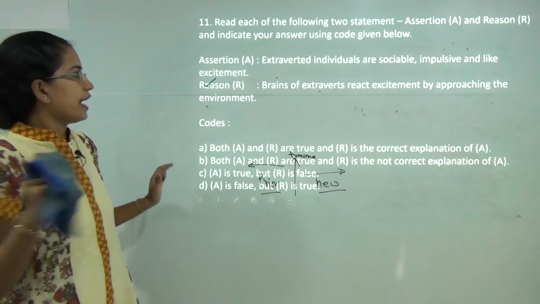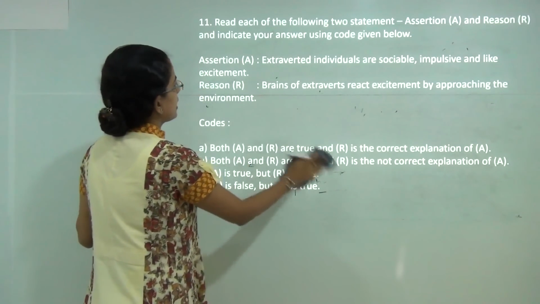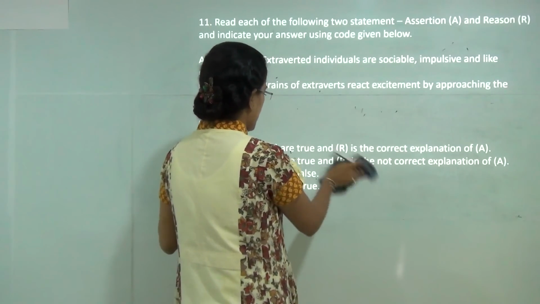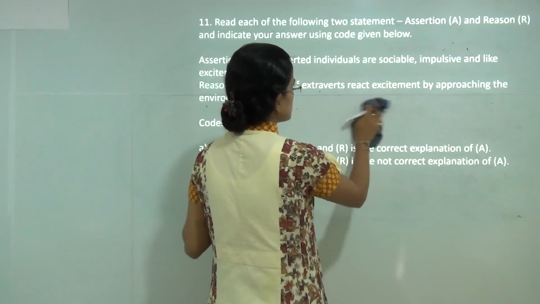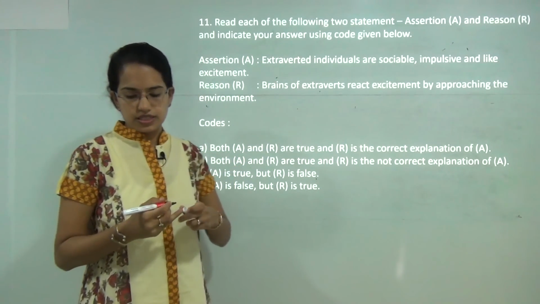Next question, extrovert individuals are sociable, impulsive and like excitement. That's correct. Why does this happen? This happens due to the neural changes, or the brain of extroverts reacts with excitement by approaching the environment. And how does this happen?